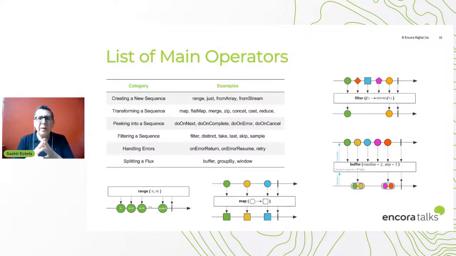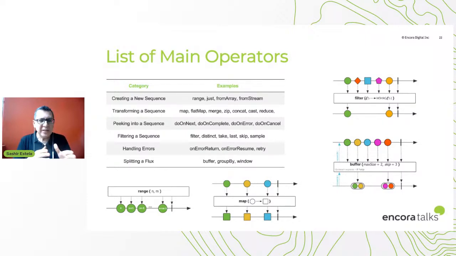The implementations for reactive programming, in order to handle the data stream, they need operators. Operators are functions in the functional style in order to operate over the data stream, in order to create a new sequence, in order to transform, filter, split, group, etc. We have some examples.